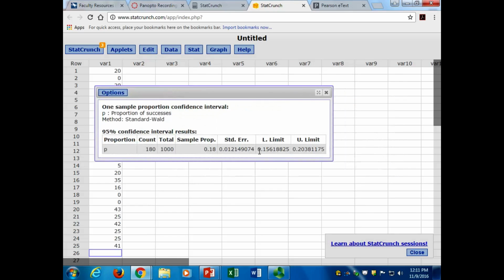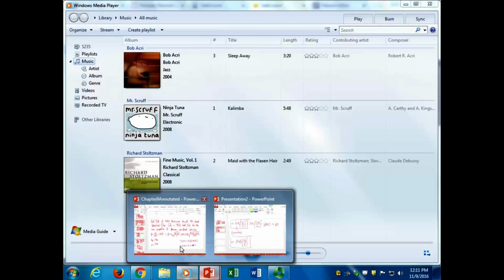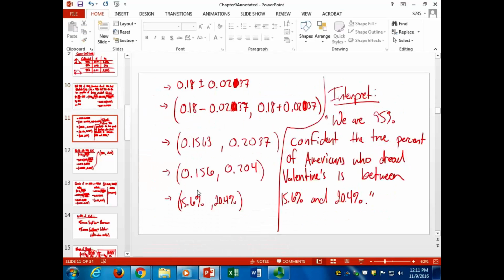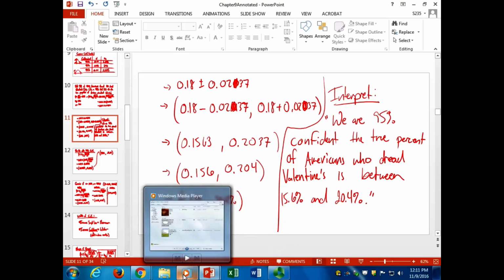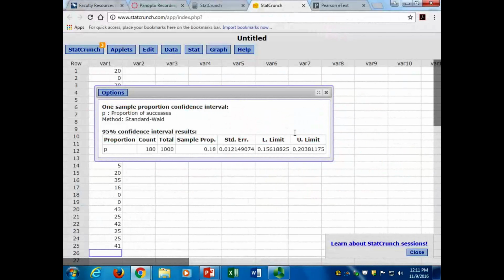There you go: 0.156 up to 0.204. Let's see if that matches our results. Yeah, right. 0.156 up to 0.204. So it's the same exact results.